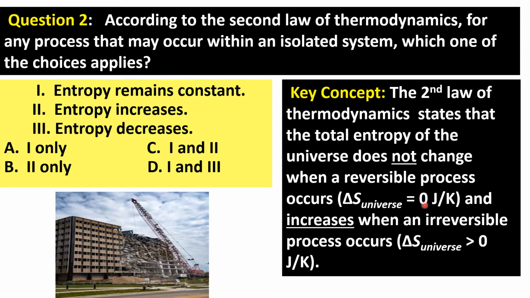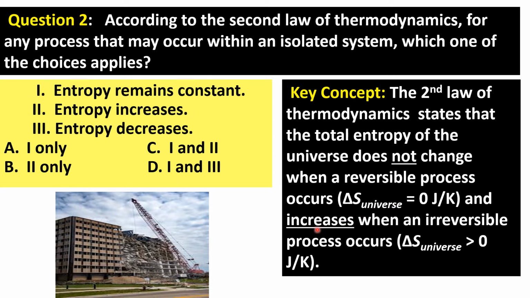That's normally the unit for change in entropy. That is true if the process is reversible. Delta S equals 0, meaning the entropy of the universe stays constant. So that makes statement number 1 acceptable.